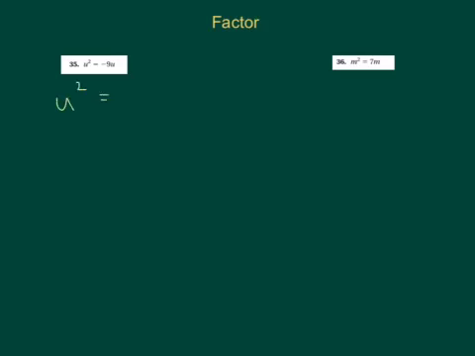Since the u squared is positive, what I'd like to do is add 9u to both sides. And the reason I'm choosing to add 9u is because adding 9u to -9u would make the right side equal to 0, which is what I want.